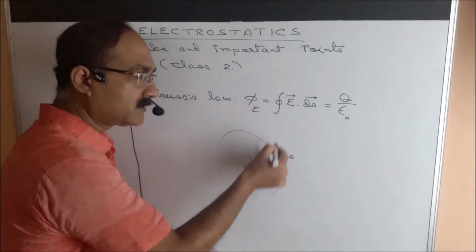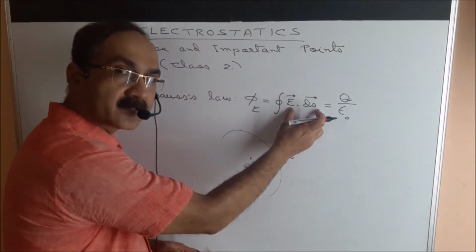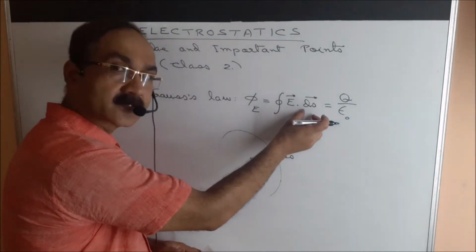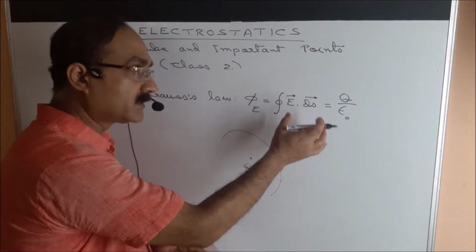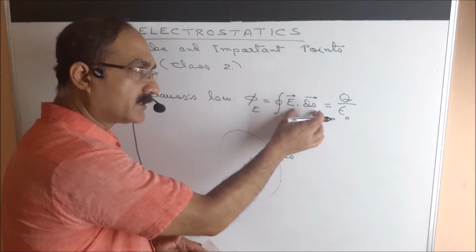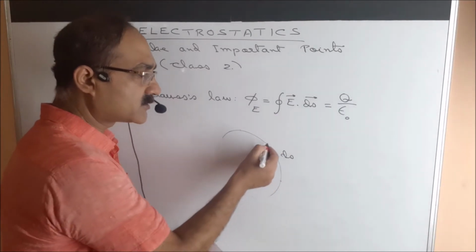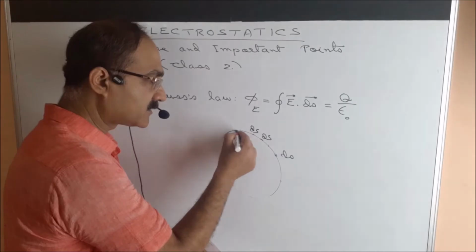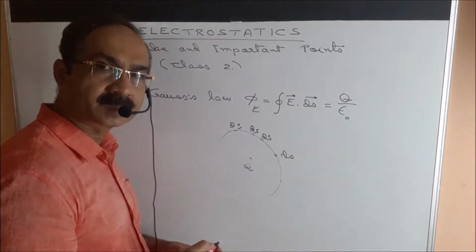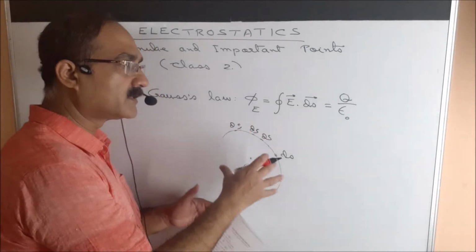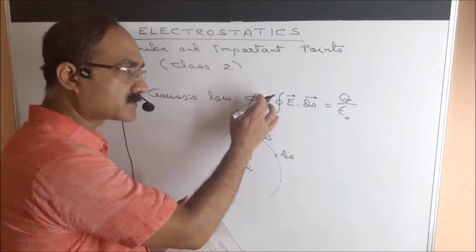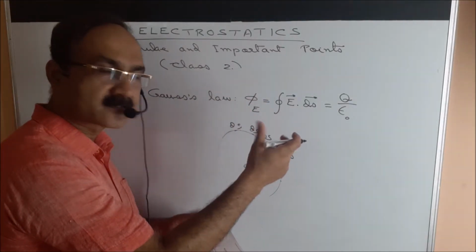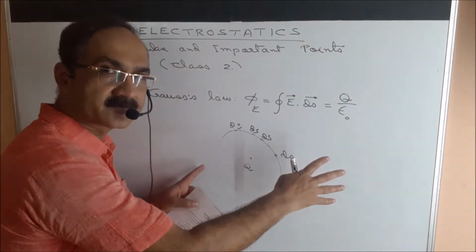So that E dot ds, if we multiply it, dot product, then with that quantity, if we add such quantities for all ds at different places, what we will get is the total flux, that is the electric flux passing through this surface.